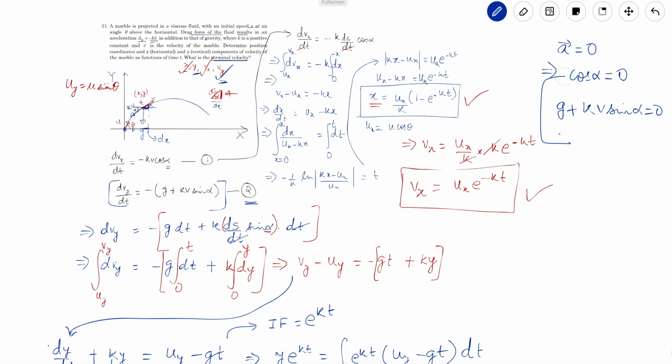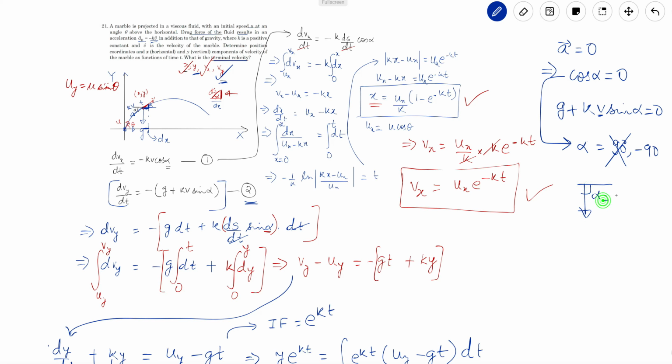See, this equation gives alpha is equal to plus 90 degree or negative 90 degree. V is speed here. Plus 90 means g plus kv, and speed can never be negative, so this cannot be true. Alpha is equal to negative 90 degree. Negative 90 degree means vertically downward direction.